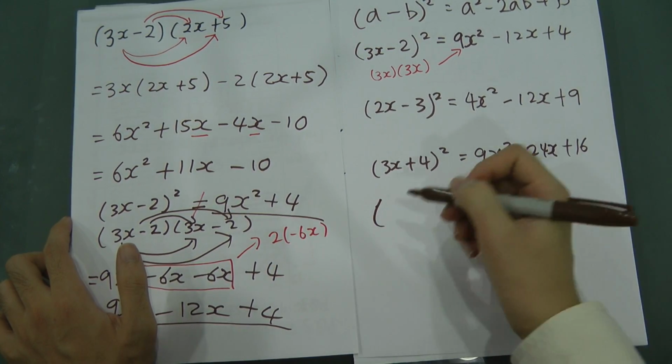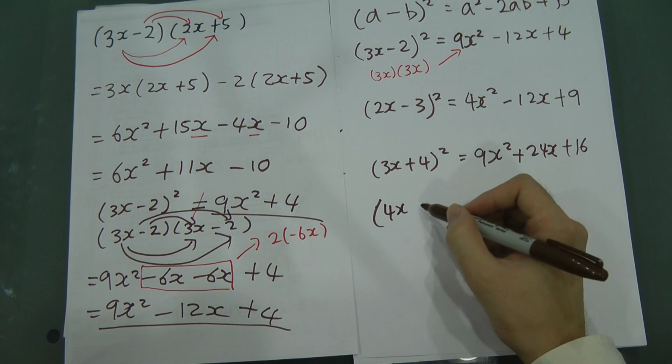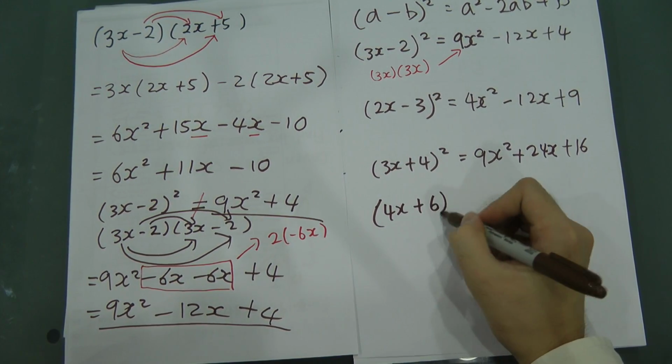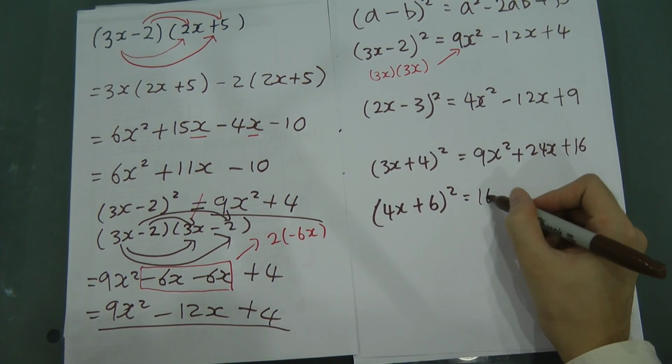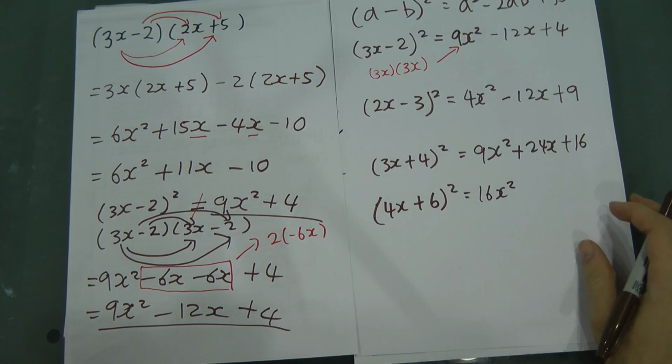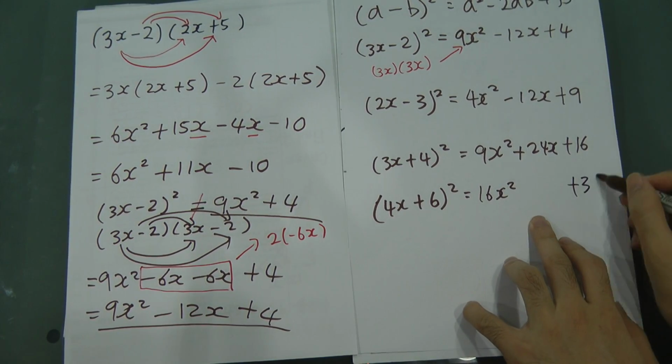Okay, we try some number, maybe which is bigger. Okay, (4x plus 6) squared. First thing, a squared, so it's 16x squared. And then the second thing you do here, positive 6 squared is positive 36.